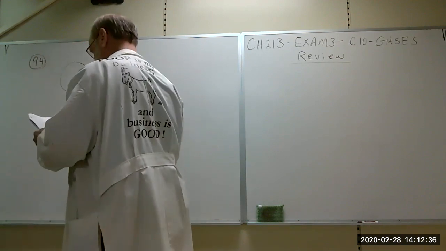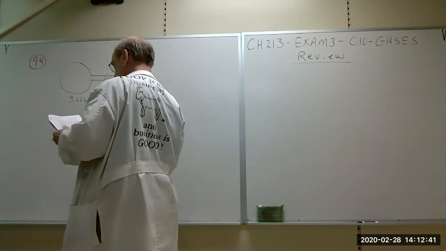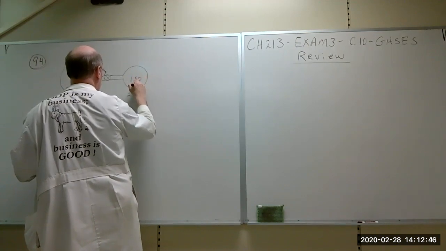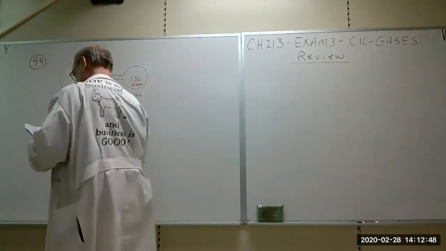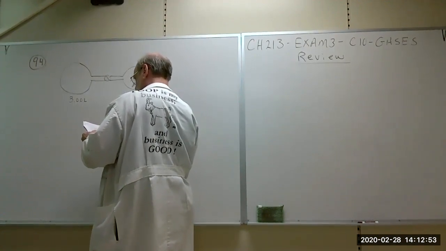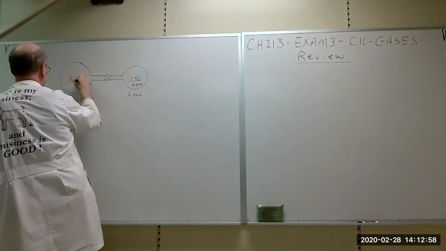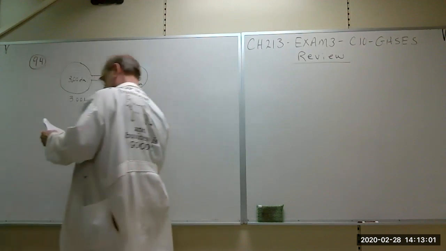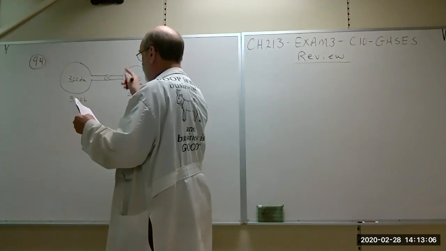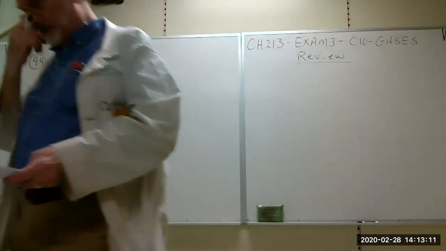The gas pressure is 1.8 atmospheres in the 2-liter, and in the 3-liter, it's 3 atmospheres. We want to know what's the final pressure when the valve is opened. The temperature remains constant.